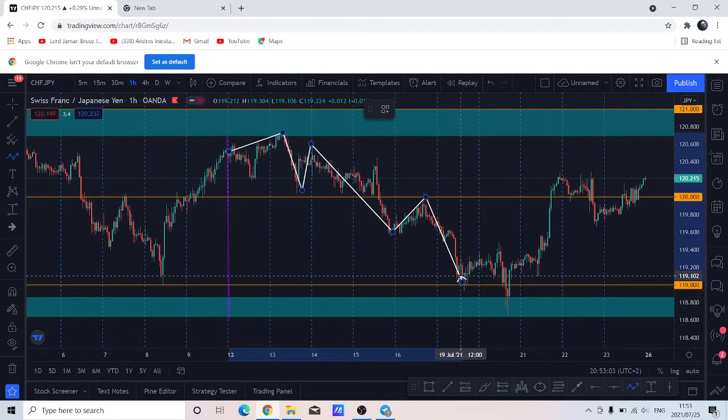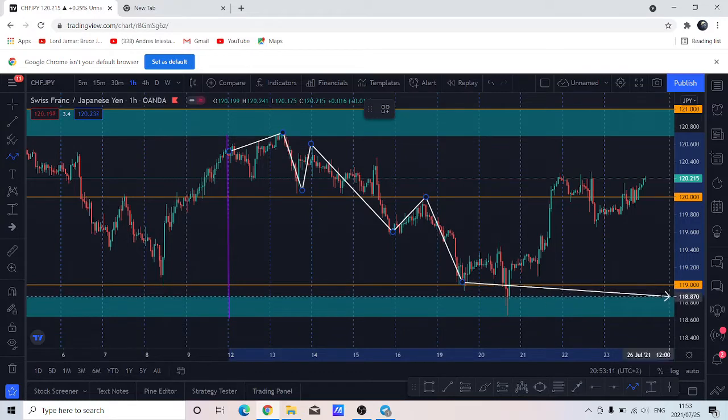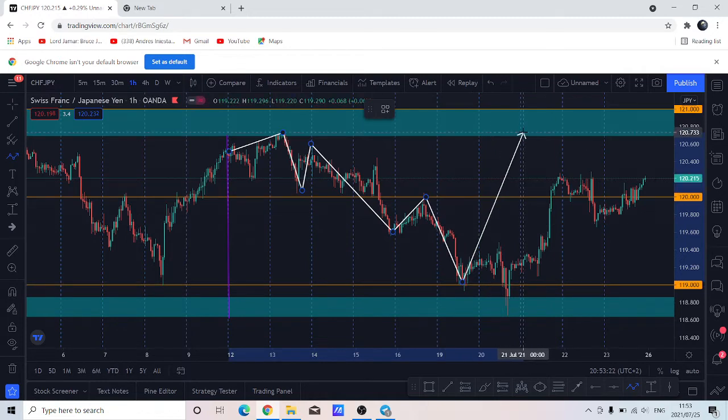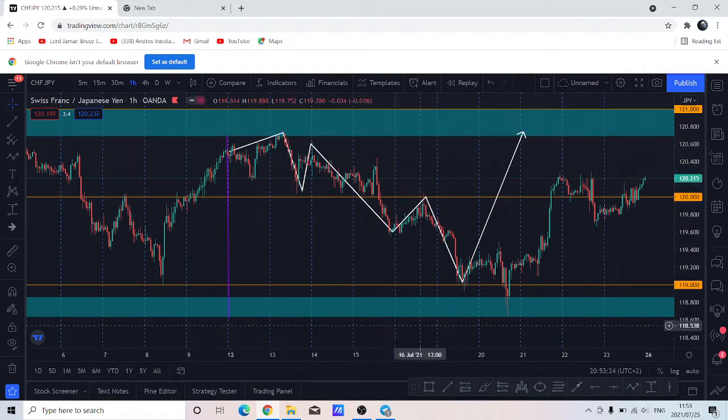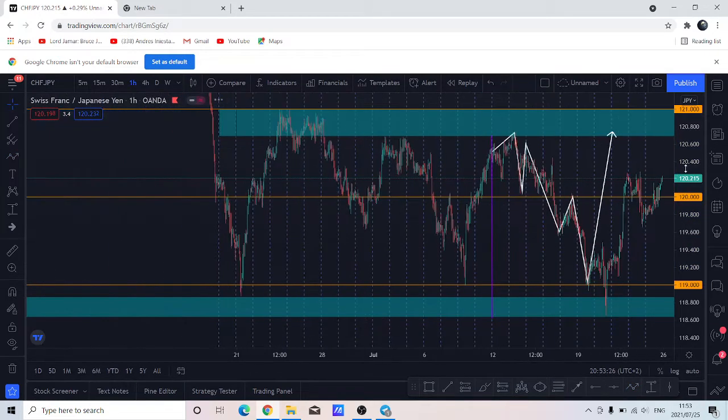Okay, so here I was looking for a particular round number, which is this one, that was lining up with these three pushes, or a particular support. Okay, and then I was hoping that the market is going to shift direction to the upside. Okay, if we can just zoom out just a little.